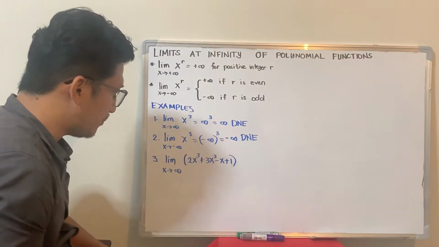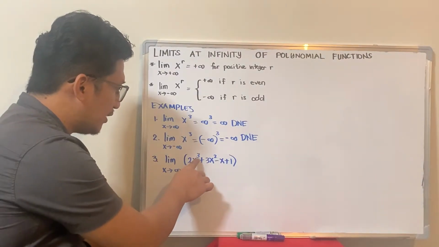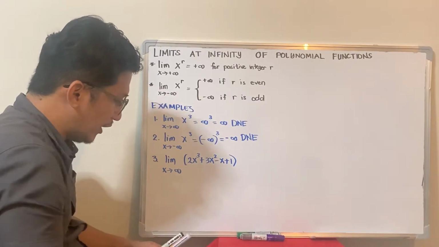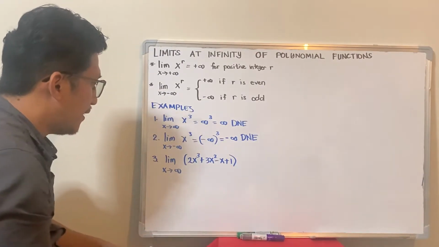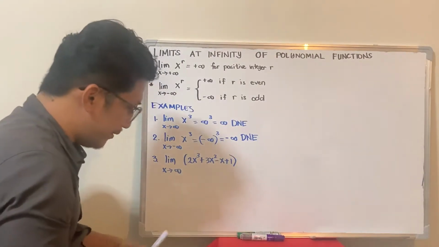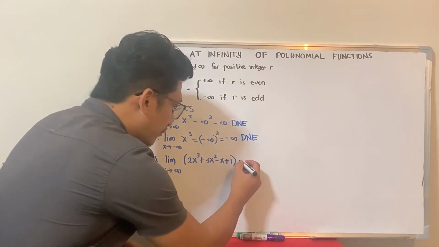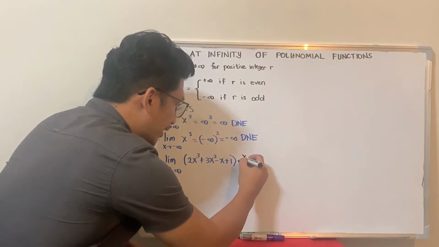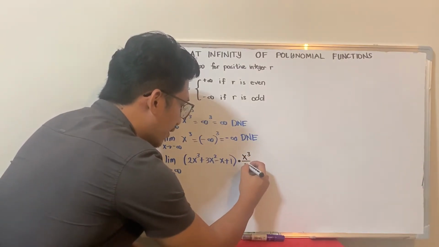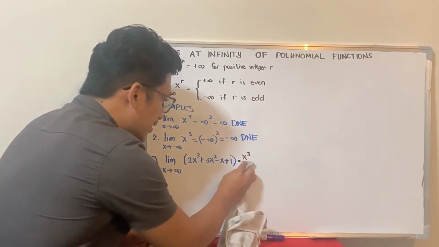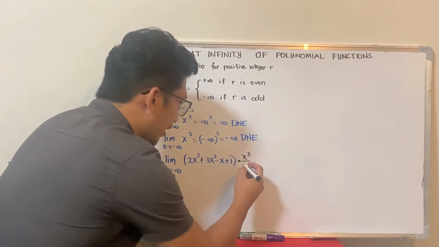The highest exponent is 3, meaning x cubed. So what you do is multiply it by x cubed over x cubed. Again, multiply it by x cubed over x cubed. Sorry, I wrote 3. So why do I multiply by x cubed over x cubed?